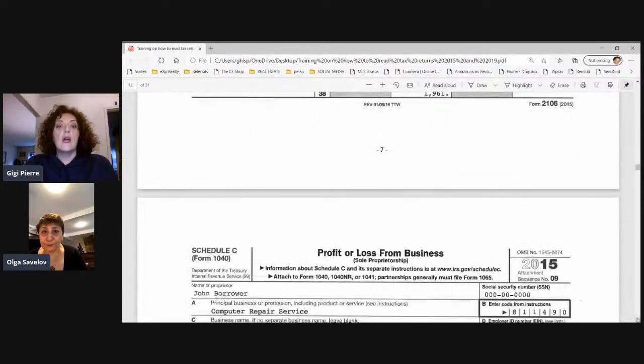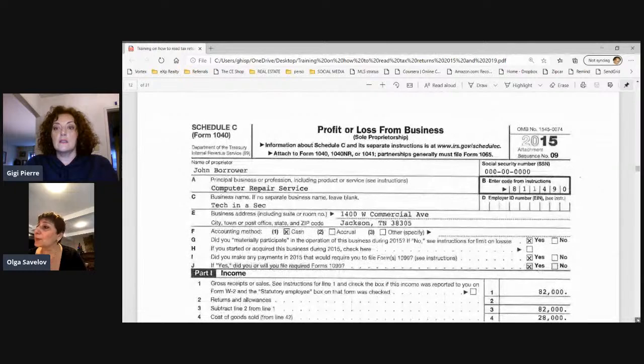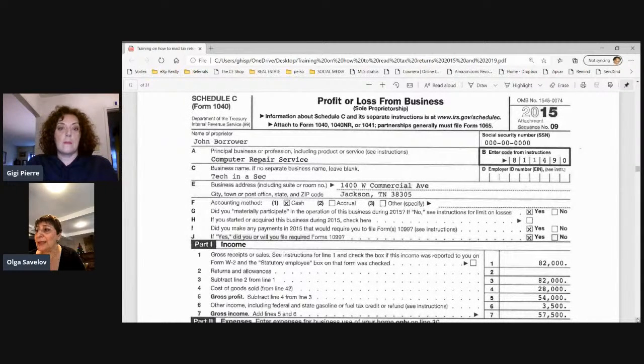Okay. Profit and loss for business. If an employee has a profit and loss, because you also get paid by owning your own business, the thing here is we're going to right away ask you for a couple more things.